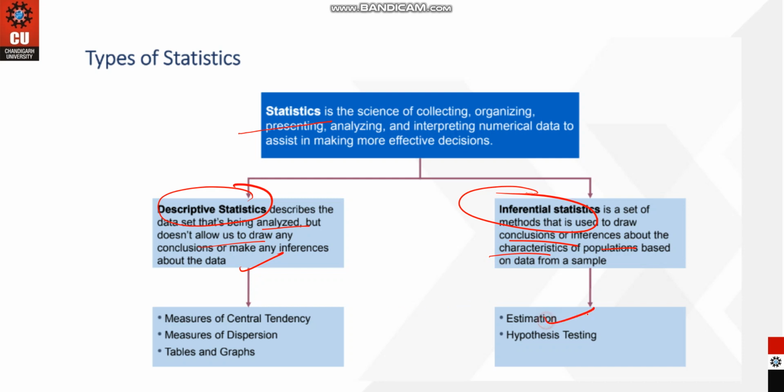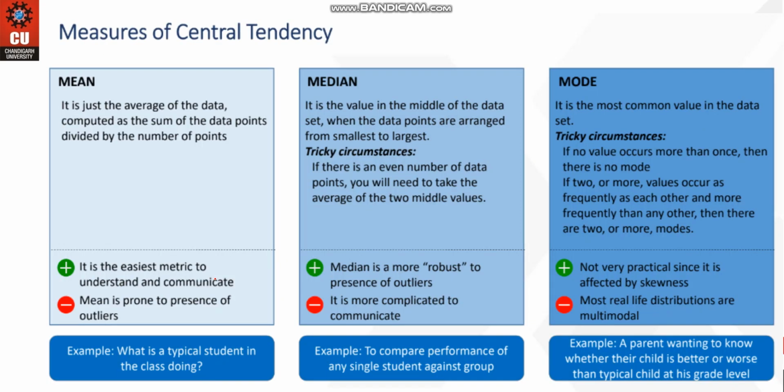Inferential statistics involves making estimations and hypothesis testing, whereas descriptive statistics covers measures of central tendency, measures of dispersion, tables and graphs. In this lecture we will focus on central tendency measures.